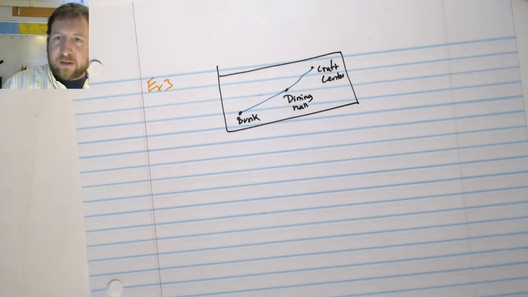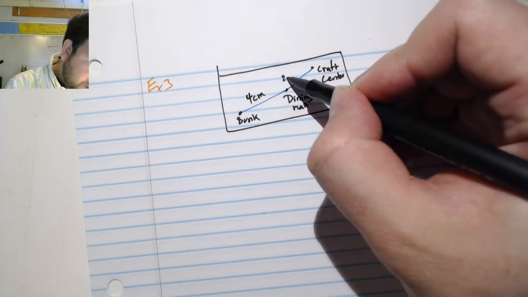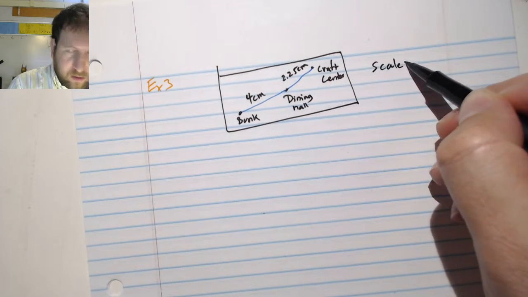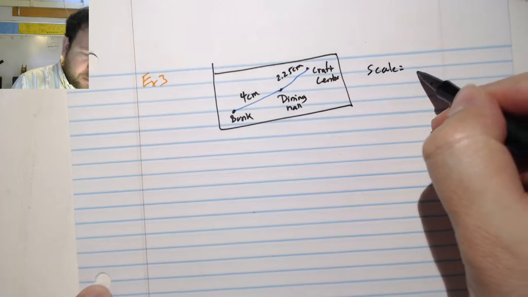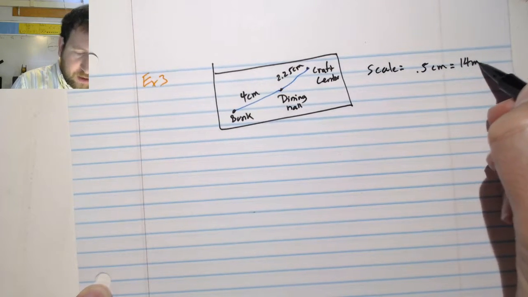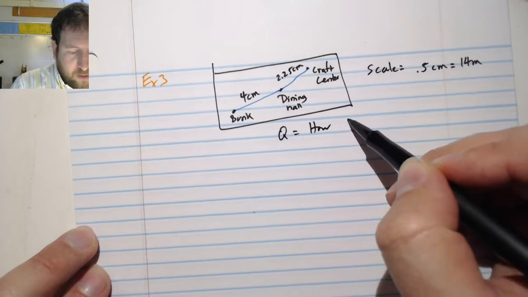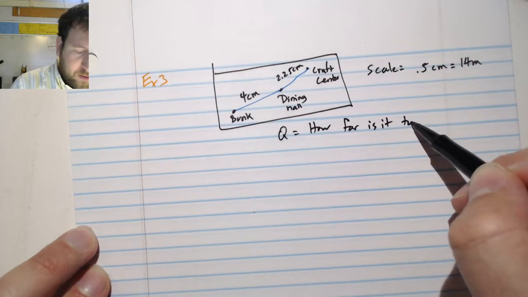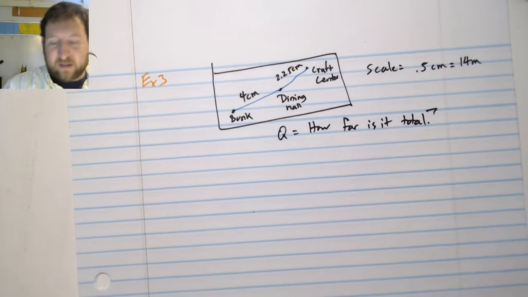Our distances are 4 centimeters and 2.25 centimeters. And our scale is 0.5 centimeters equals 14 meters. And the question is, how far is it total?